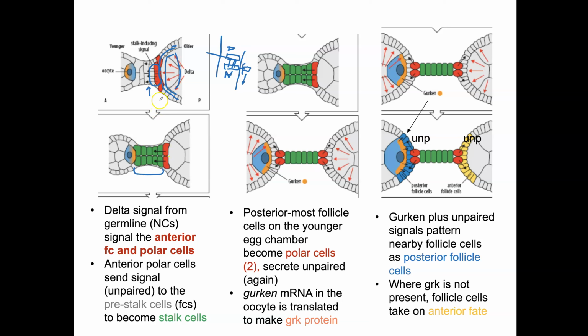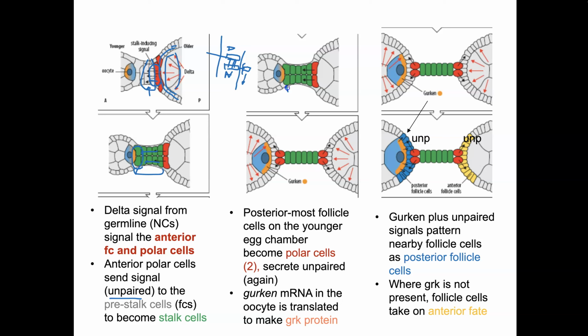So basically what's happening is there is a signal being sent now. It's called Unpaired, and it's being sent to these cells, and it causes them to form a stalk. But also there is signaling through these cells, and that causes the cells at the posterior end of the previous chamber to form polar cells, shown over here.